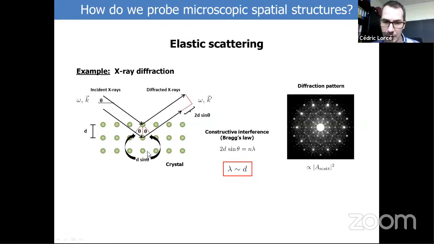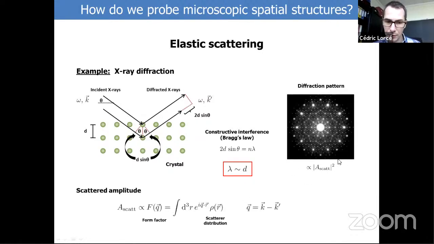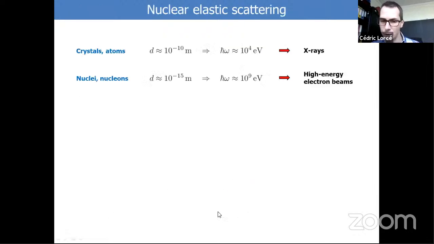Typically, that's given by the condition here. So the diffraction pattern gives you directly information about the square of the scattered amplitude. And quantum mechanically, you probably have seen that the scattered amplitude is essentially a Fourier transform of the charge distribution.